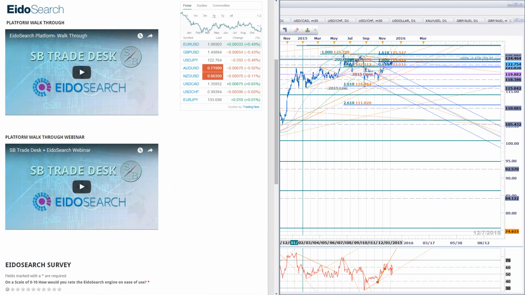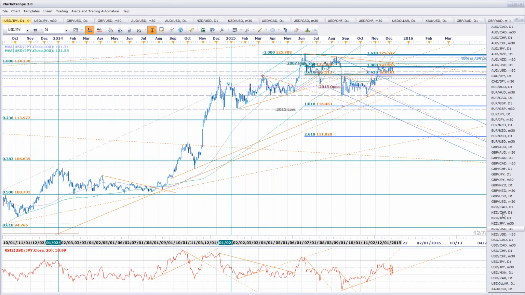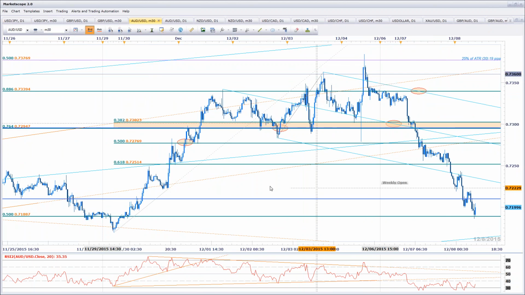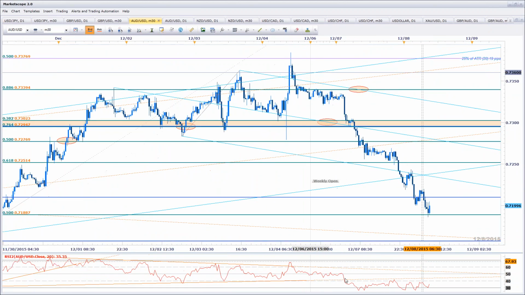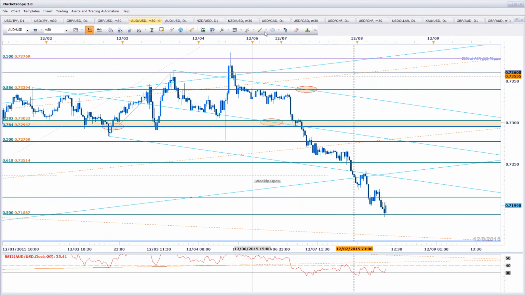Kyle says, it looks like we might have a long trigger on Aussie dollar. Can we look at it? Yeah. Let's take a look at Aussie. I do like the divergence into the lows here.